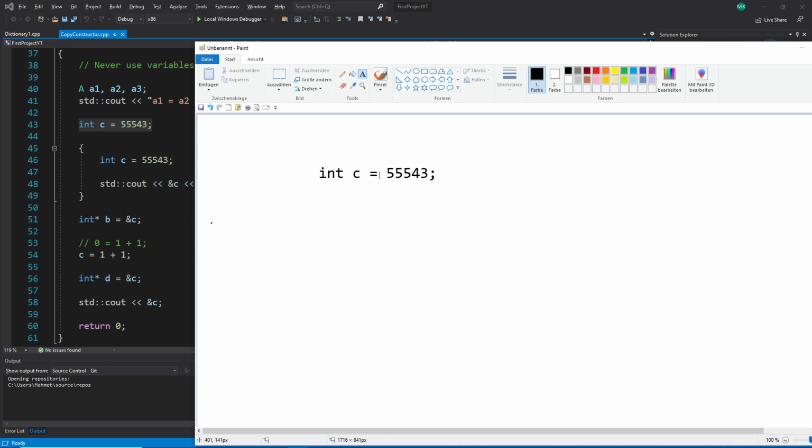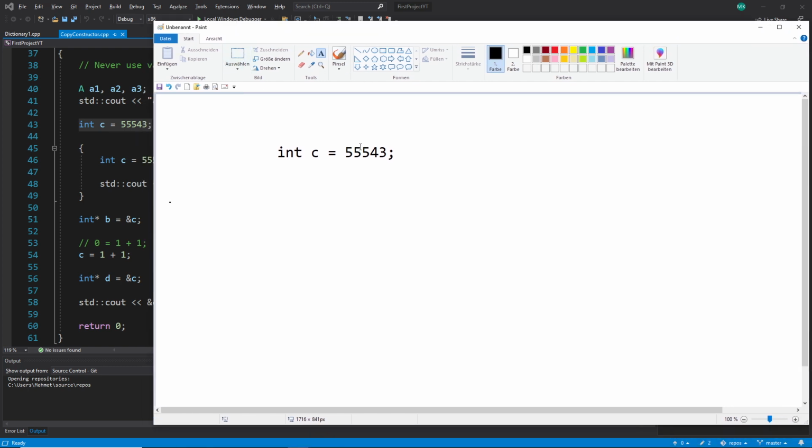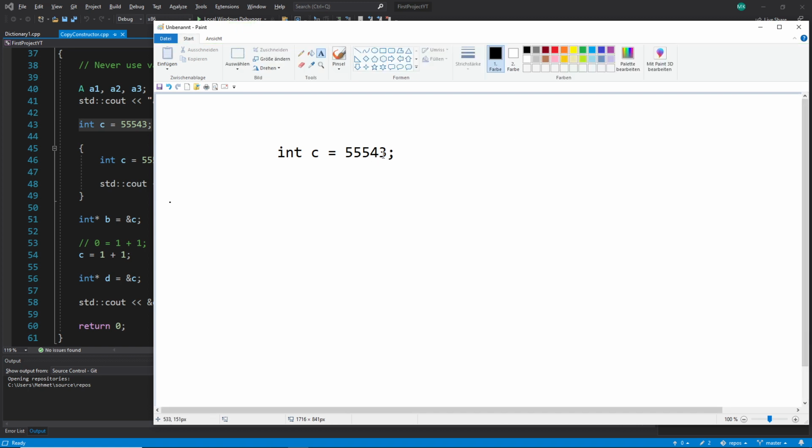So what is here an R value, first of all? An R value is this one, this number here. And the second question, why is this an R value? It is an R value because we have figured out this number here does not have a location which we can get access to, because we have figured out till now that an L value, for example this C, has a location, it has identity.